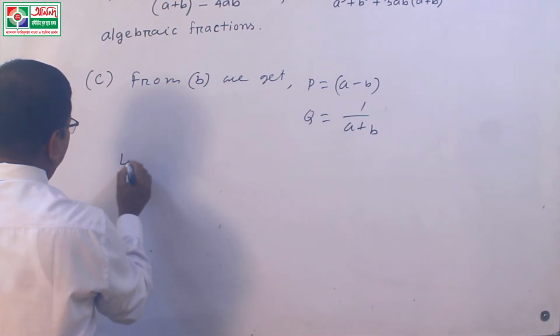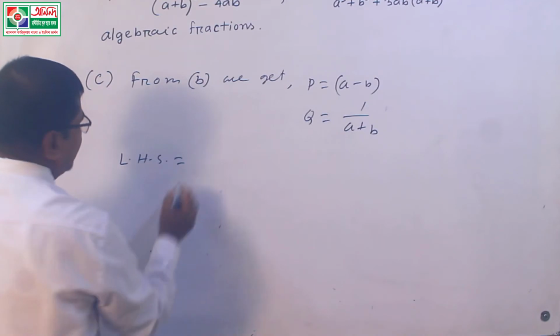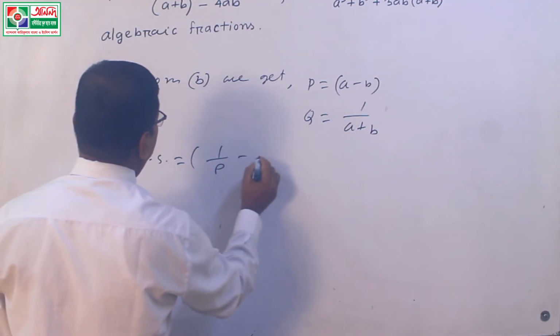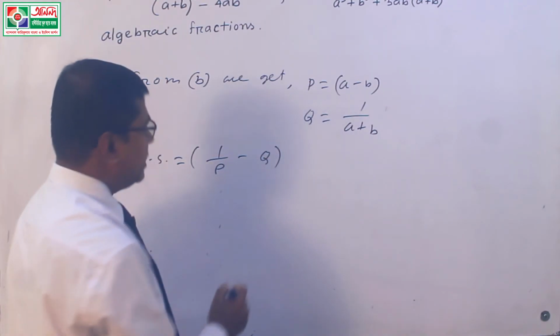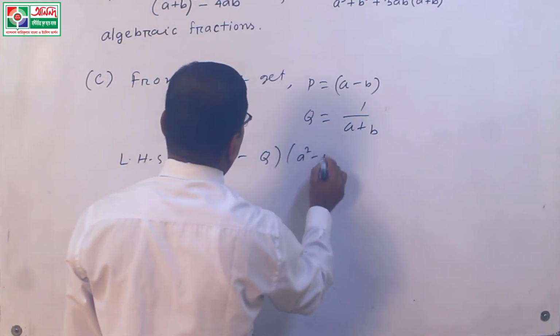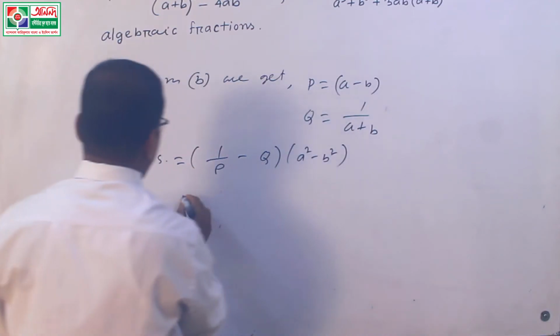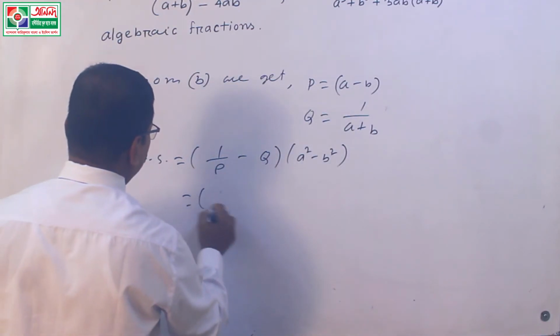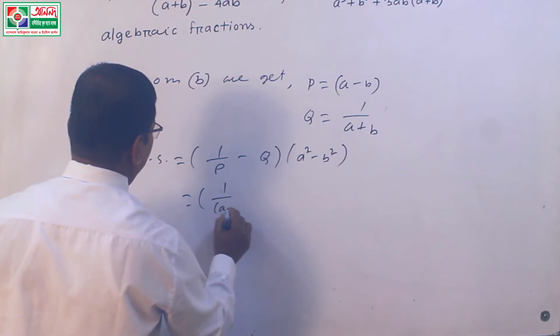Now we can write left hand side equal 1 by p minus q into a square minus b square. Now you can put the value of p. So you can write 1 by a minus b.